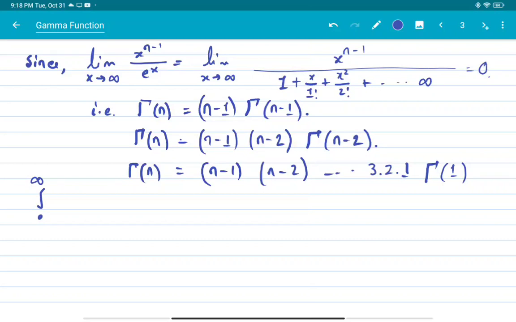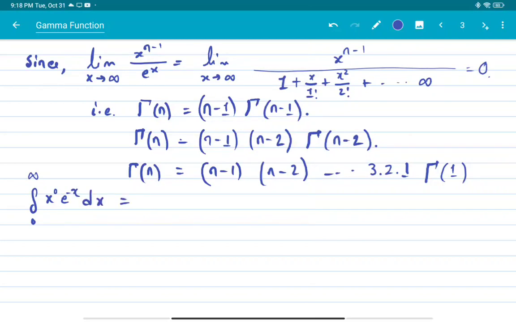So how can you write it? By defining the integral, 0 to infinity of x to the power 0 e to the power minus x dx.